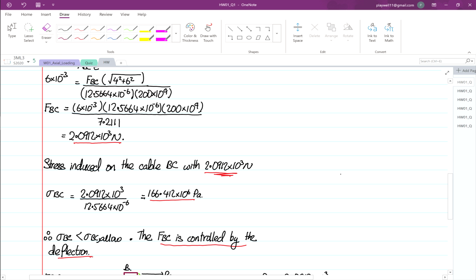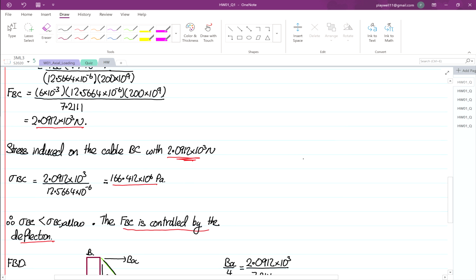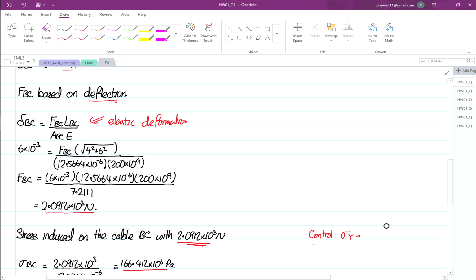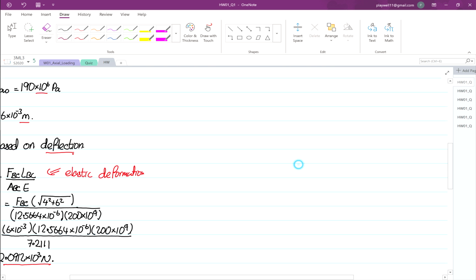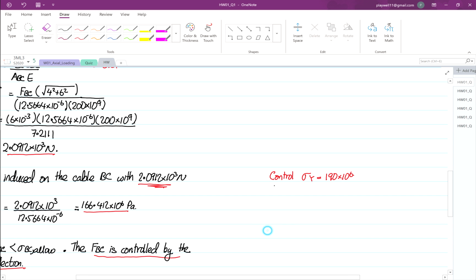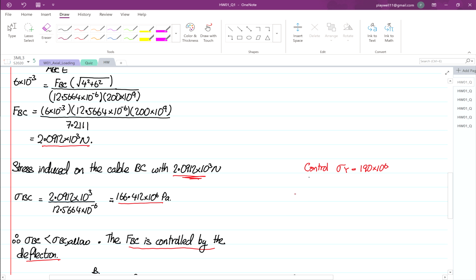Let's do a side step. If we were to say the control is by the yield stress, which we are given as 190 times 10 to the power 6, then you calculate your force: the yield stress of 190 times 10 to the power 6 equals FBC divided by 12.5664 times 10 to the power minus 6.